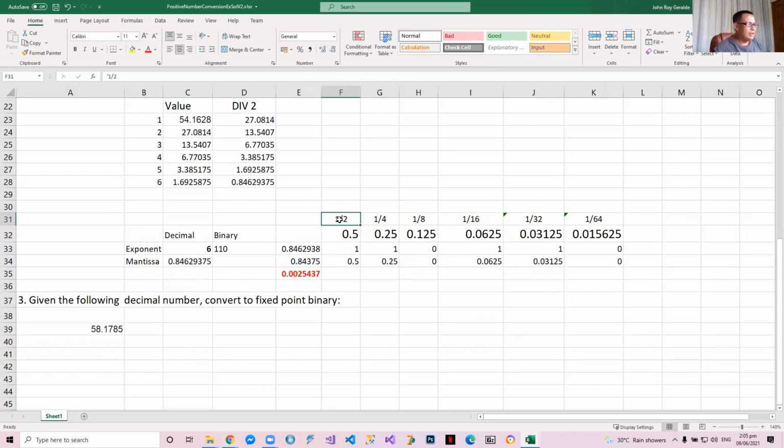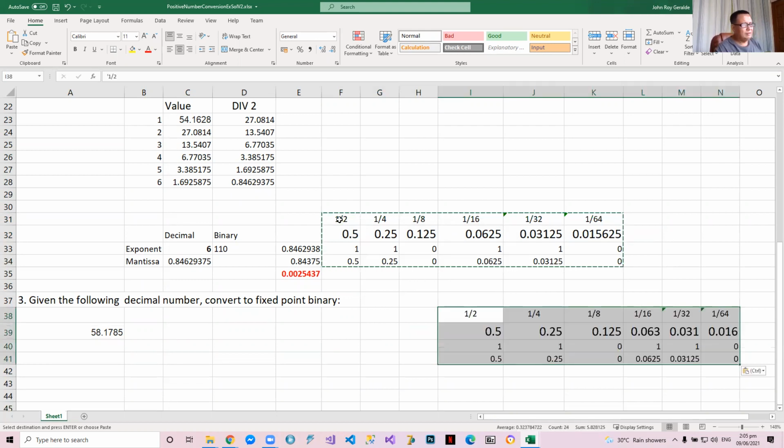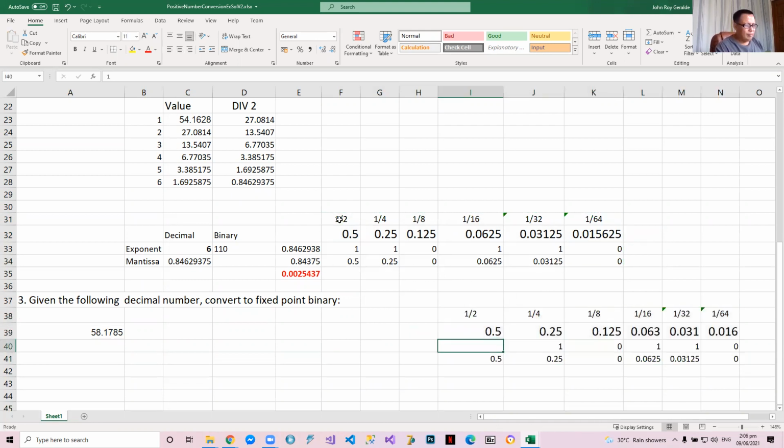So we already have a binary series, partial binary series. You can just copy this. Control C. You can copy this here. Okay, is that correct? We'll delete this first. Okay. Any questions so far?